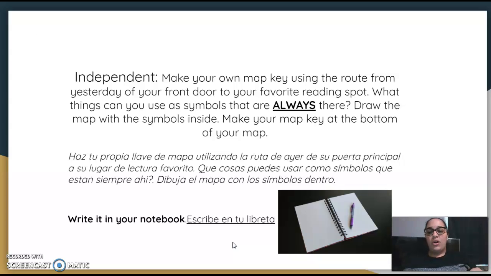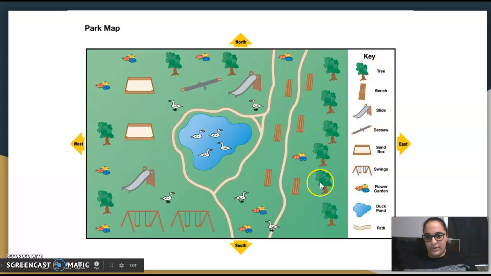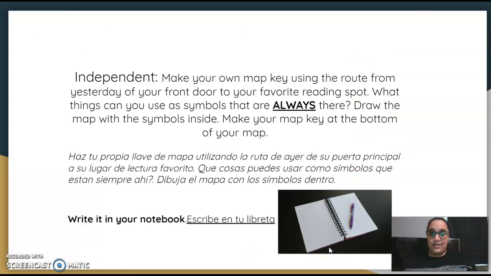So you're going to draw the map with the symbols on the inside and then make your map key on the side just like you saw in this map right here. You have the key on the side and then all the pictures all around. So I want to see what your maps look like with a map key.